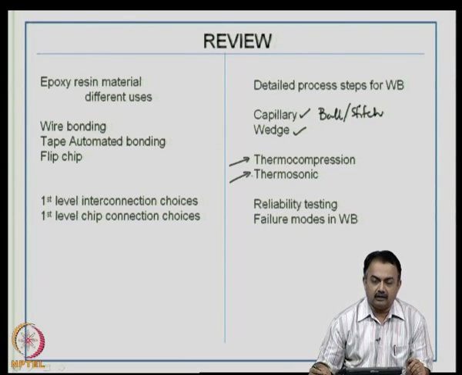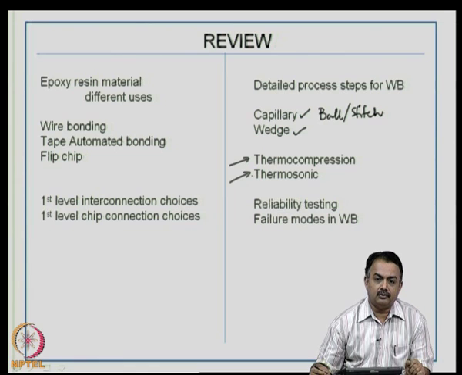If you can recollect, thermocompression would require the use of appropriate temperatures and pressure to wire bond, to enable the wire bond to happen in a quicker time and with a very good metallurgical bond.